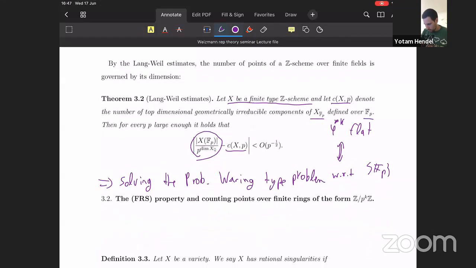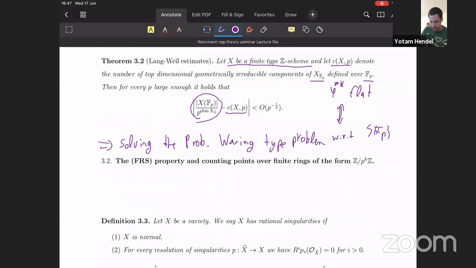Now let us consider a larger family of finite rings. Now I will focus on the family of finite rings Z/p^kZ. So this family contains the family that we discussed before.